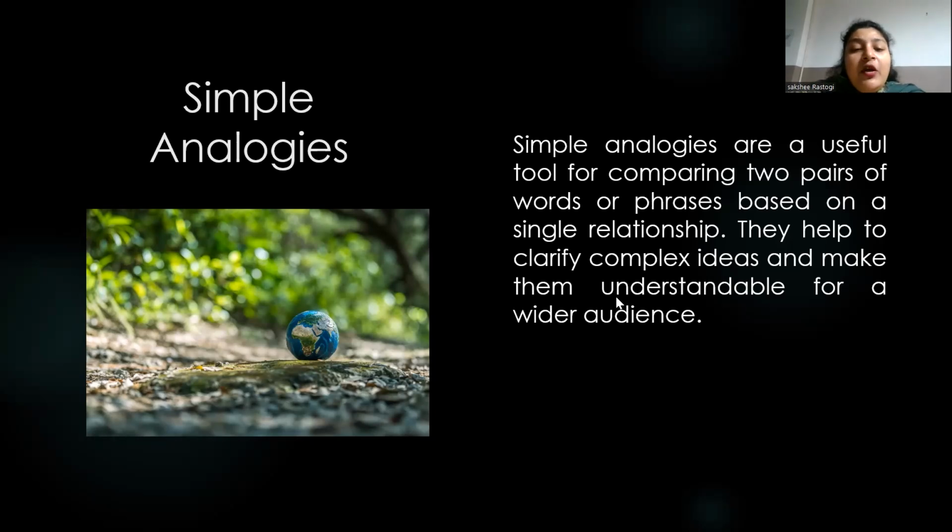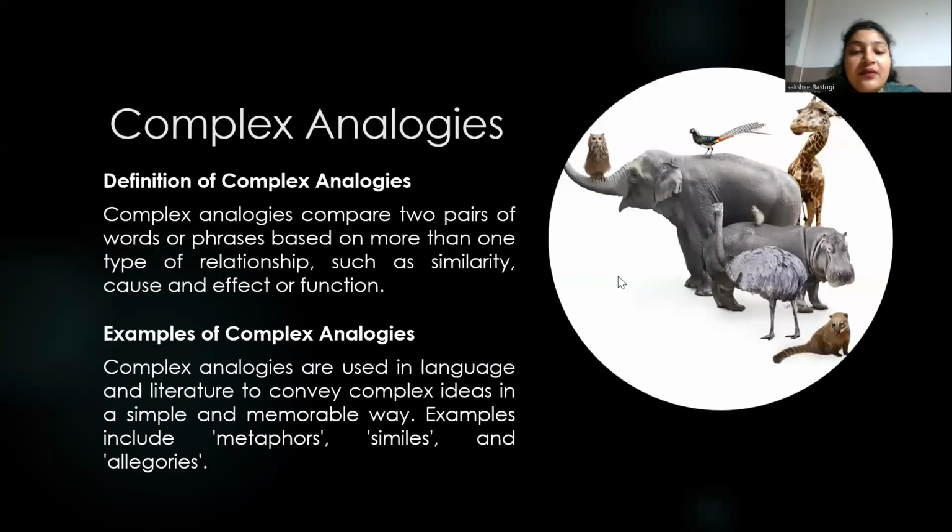So what do you mean by complex analogies? Complex analogies are, for example, scientist is to laboratory and artist is to studio. Composer is to symphony and author is to novel. Architect is to blueprint and engineer is to design. Doctor is to diagnosis and detective is to investigation.